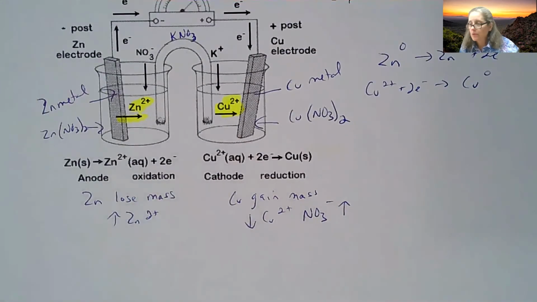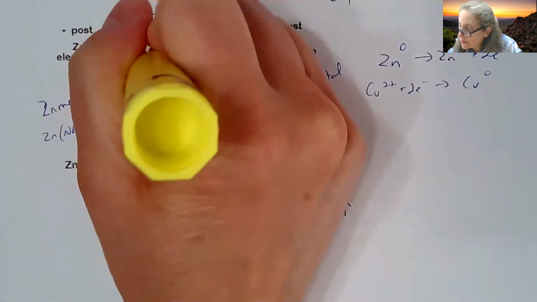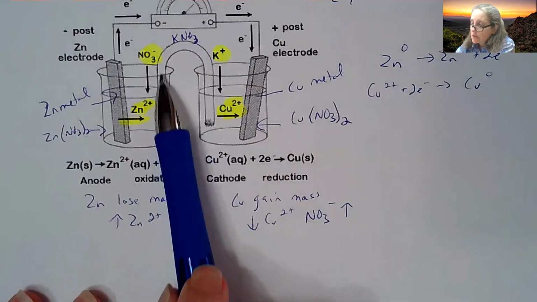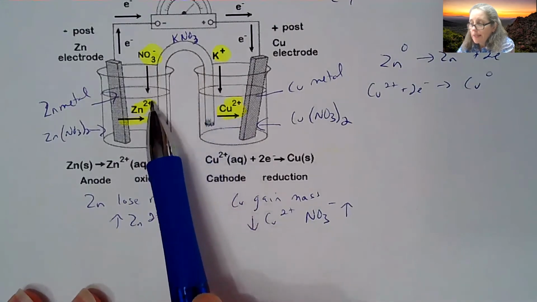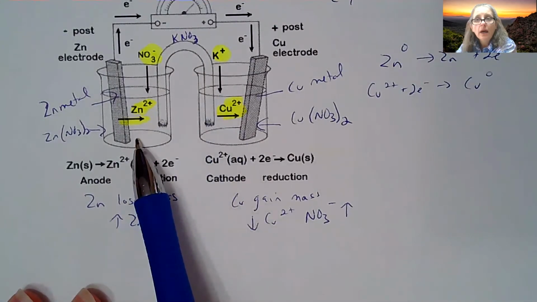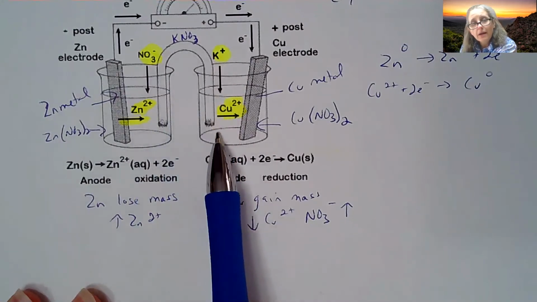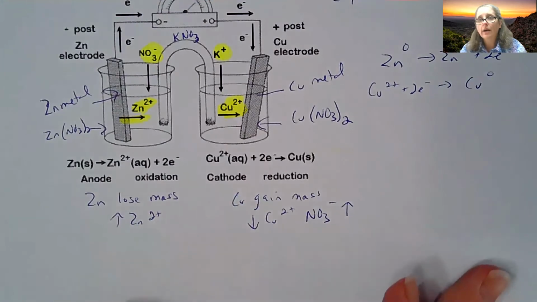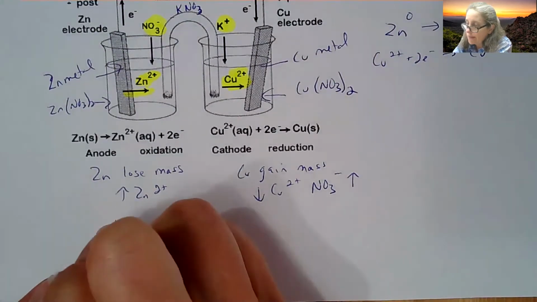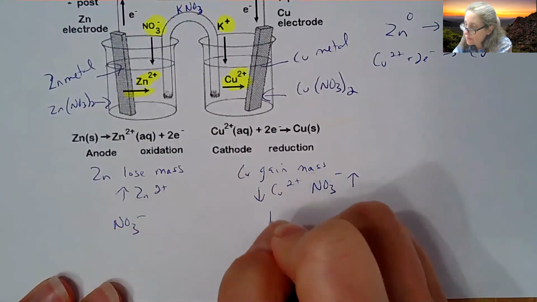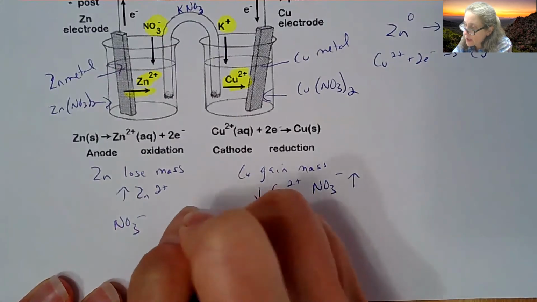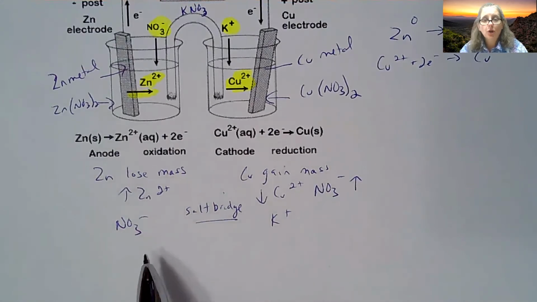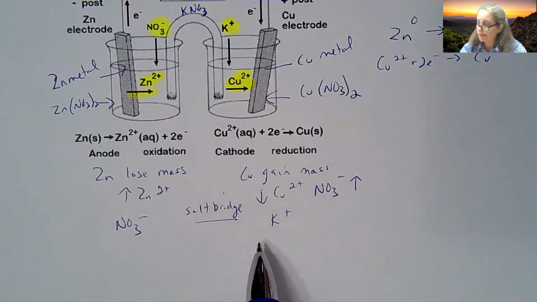So that is why you will see in this diagram that the salt bridge, that KNO3 solution, the nitrate ends up flowing into the left half cell, and the potassium ion flows into the right, so that you have an equaling out of the charges. So the salt bridge essentially alleviates any buildup of charge. That's why it's so very important.